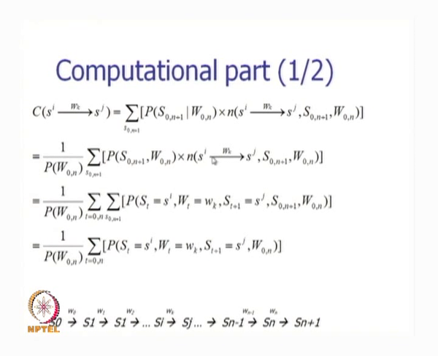pattern that obtains. Now, one can see that this whole number of the patterns can be converted into an equivalent expression of the probability of the tth state being S_i, the (t+1)th state being S_j, and the tth observation symbol being W_k.